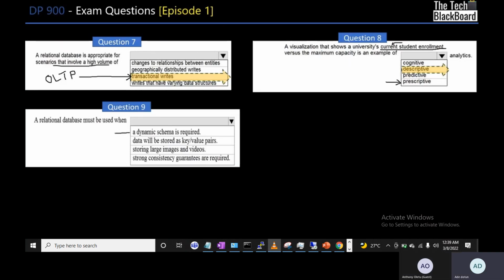Yeah, talking about relational database now. The word dynamic, I'm looking at the word schema there. That's not the only option. Always know that they want to play with your intelligence. You understand?